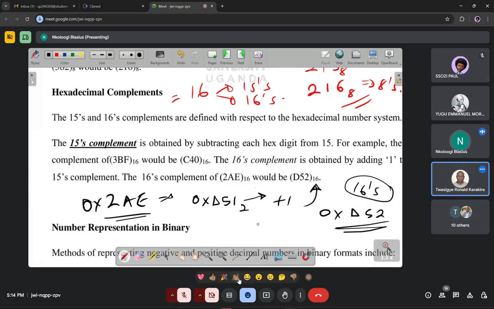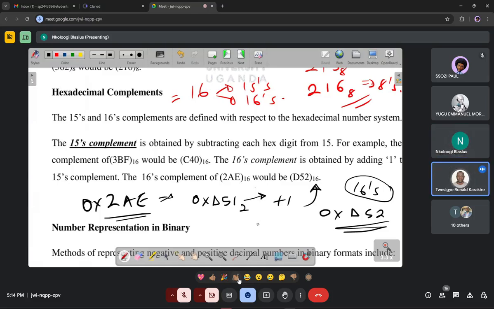Yes, please. My name is Ronald. My question is, in hexadecimal, we stop on F, which is 15. So if we have, let's say, F plus 1, what does that become?